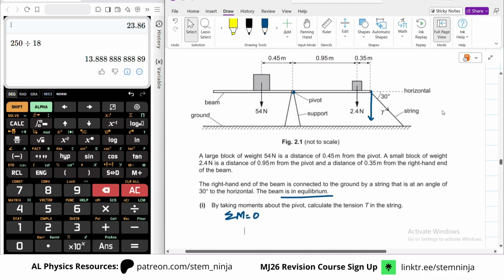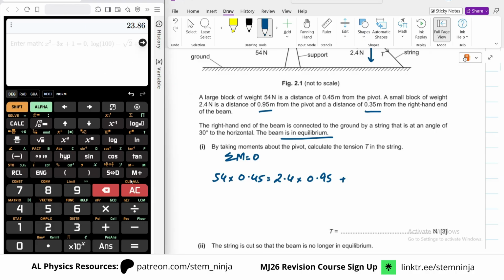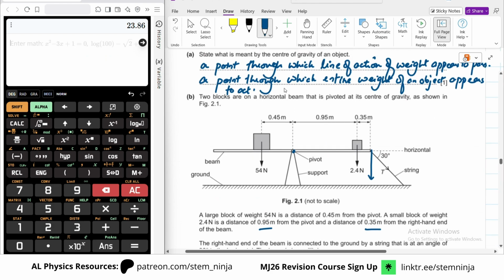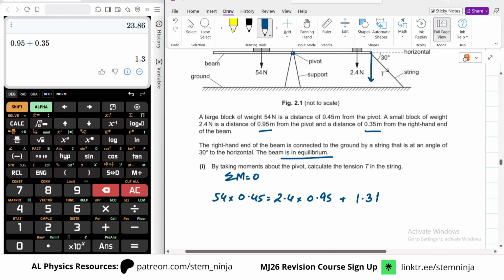So your 54 times 0.45 is equal to 2.4 times 0.95 plus 1.3 times T sine 30 degrees, where 1.3 is 0.95 plus 0.35.